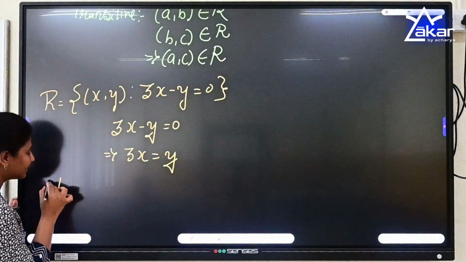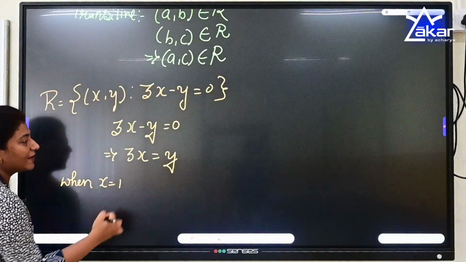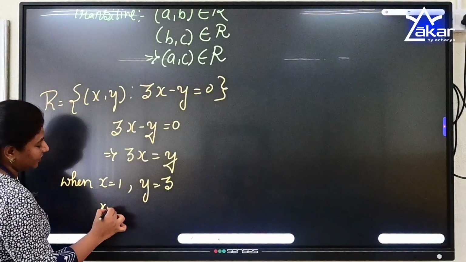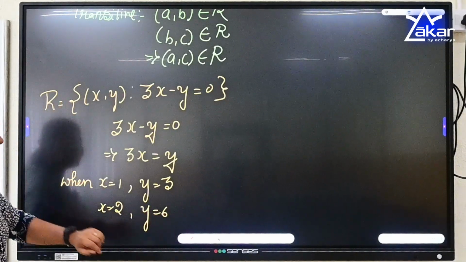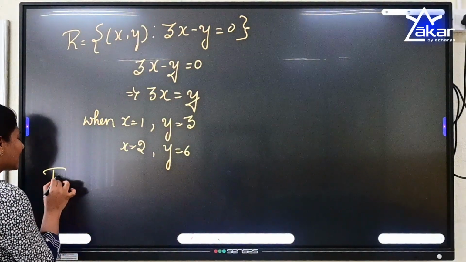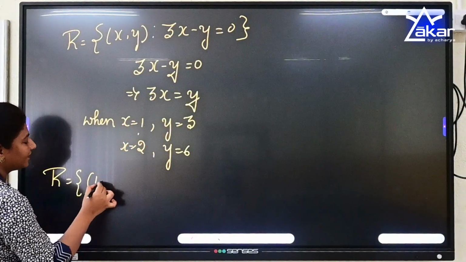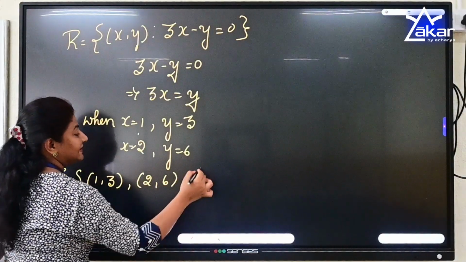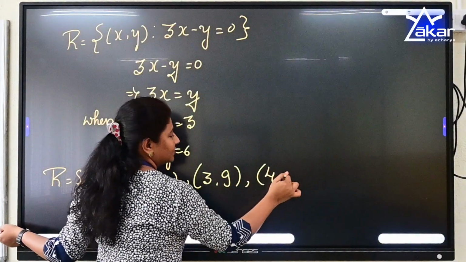Very simple: when x equals 1, y will be 3. When x equals 2, y will be 6. Now how do you write it as ordered pairs? R equals (1, 3), next (2, 6), next (3, 9), next (4, 12).